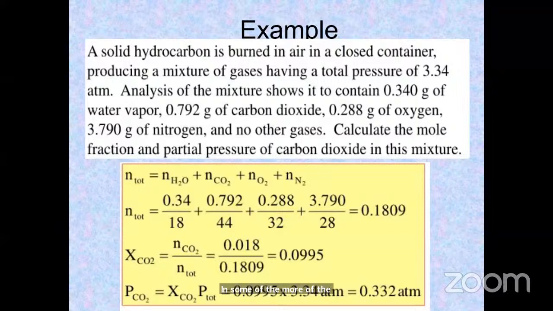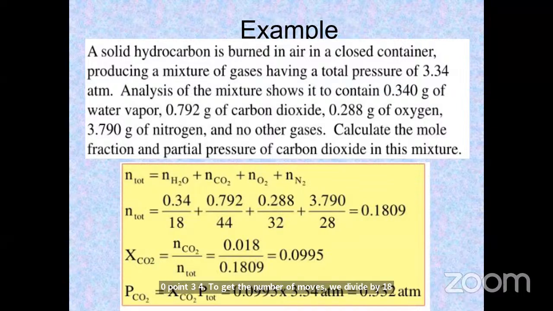For instance, the first one is water vapor, 0.34. To get the number of moles, you divide by 18. That's why the first one is 0.34 divided by 18. Mass over molar mass. Mass of water, 0.34. Molar mass of water, 18.